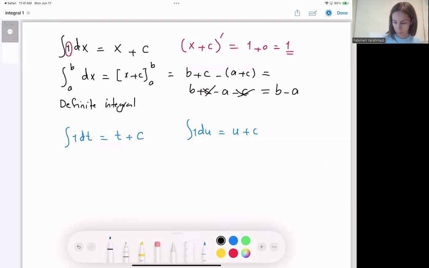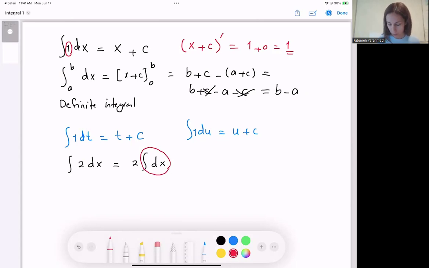So if you have the integral of 2 dx, first of all, 2 as a number can be written in front of the integral. You have 2 times the integral of dx. But the integral of dx, we saw this. We know how to calculate the integral of dx.